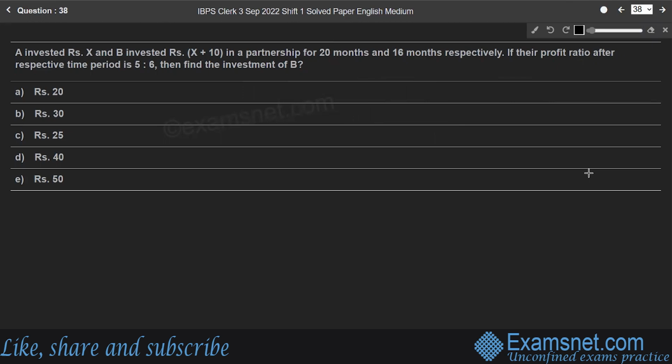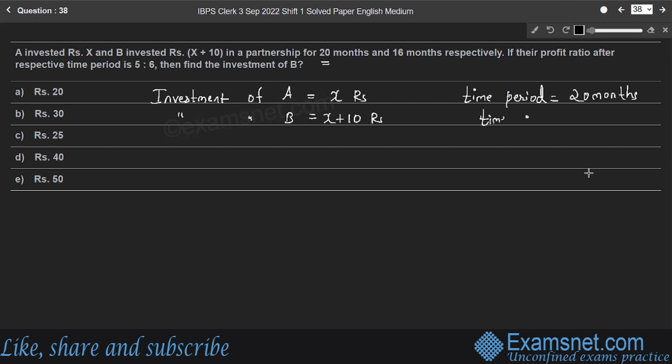The investment of A is X rupees, whereas the investment of B is X plus 10 rupees. A has invested for a period of 20 months, and B has invested for a time period of 16 months.